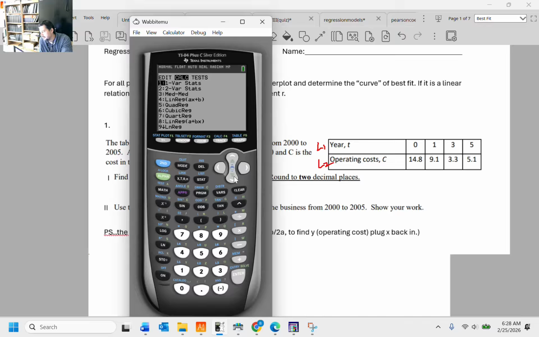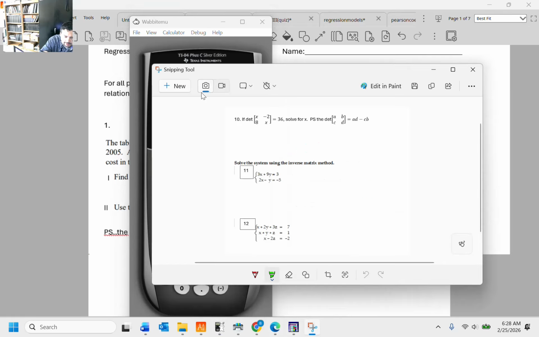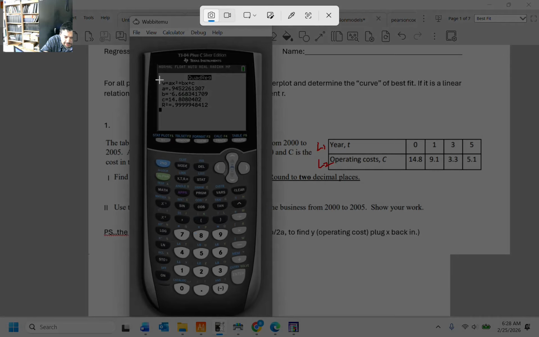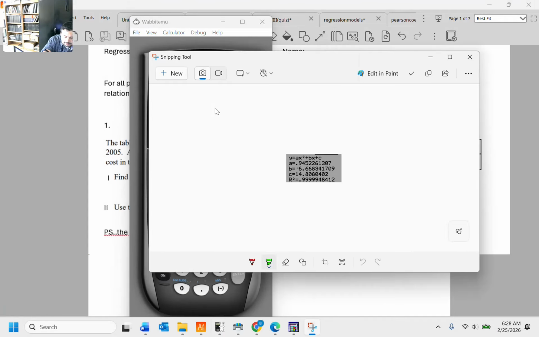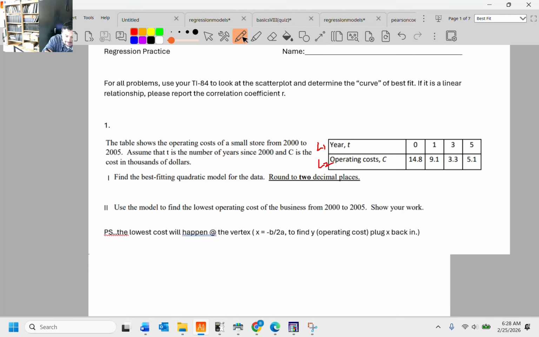I forgot to copy down my equation here. I don't like that the author of this test question wants you to round to the second decimal place, but they do. It's just the way it is. It's what they want. So we'll go with it.